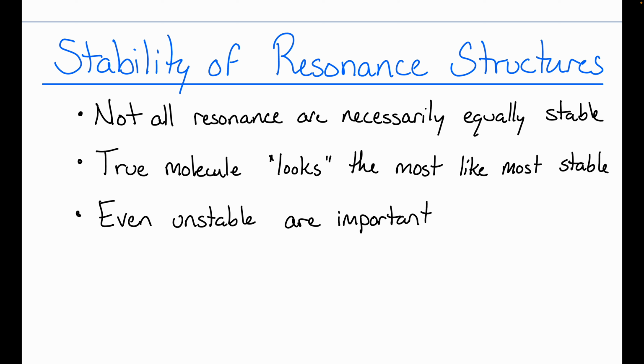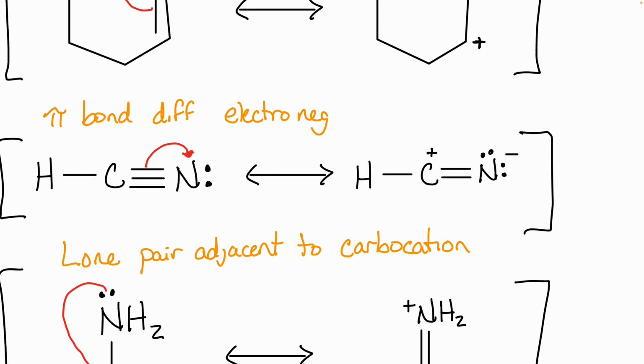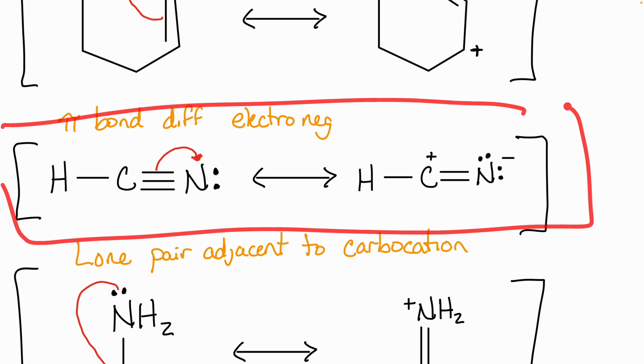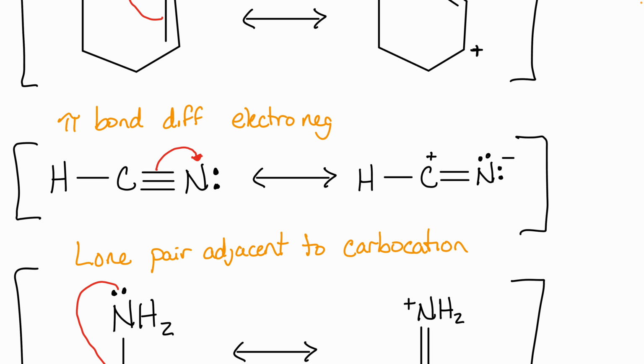Okay? So, for example, if we go up here, I think this one is a good example. One of these resonance structures is definitely more stable than the other one. What do we think? The one on the left or the one on the right? The one on the left, right? The one on the right has a bunch of formal charge on these two atoms. It turns out, though, this is still very important to the chemistry of this molecule.